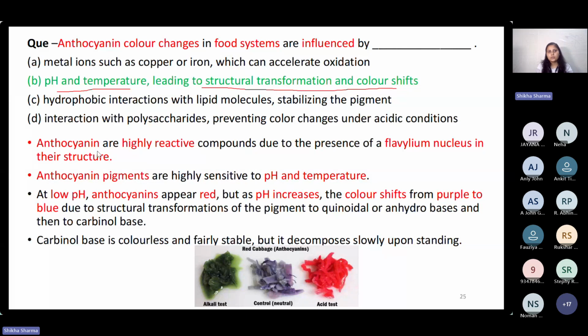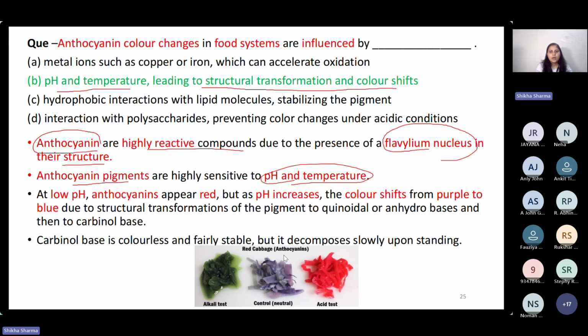Anthocyanin is a highly reactive compound because of the flavylium nucleus in its structure. This pigment is highly sensitive to pH and temperature.